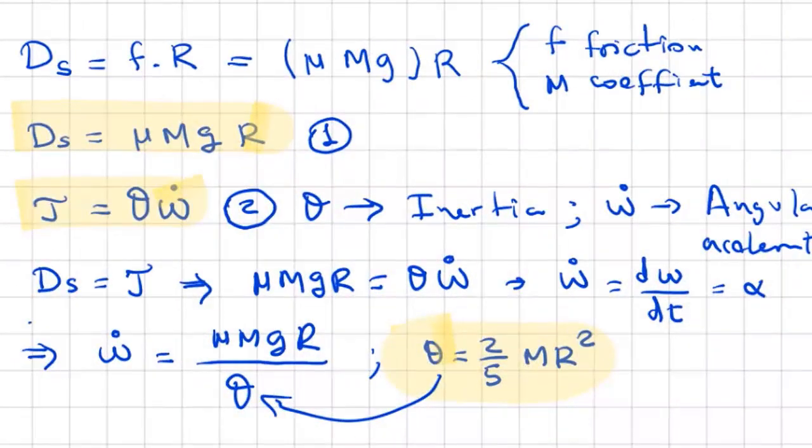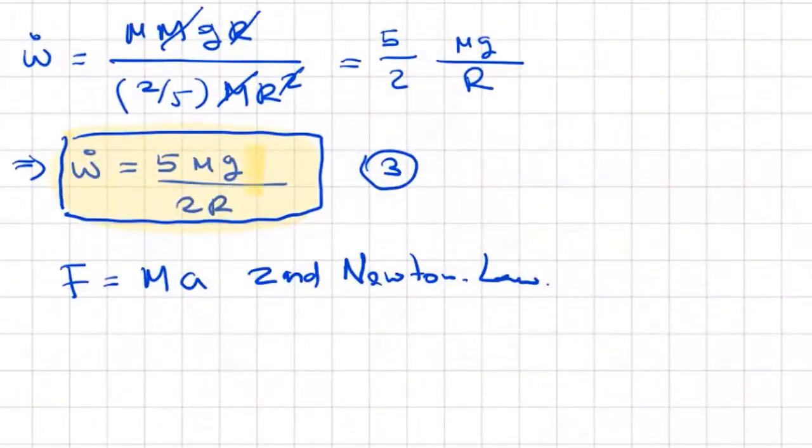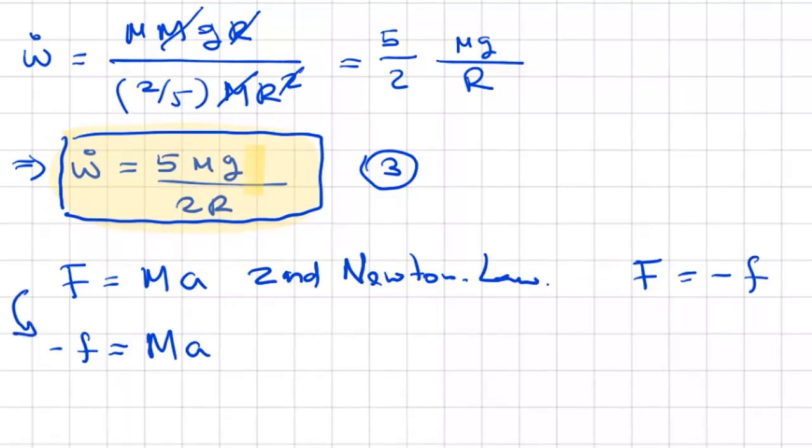So because of this situation, we are going to have minus F is equal to mass multiplying the acceleration. So this equation is going to take this form.